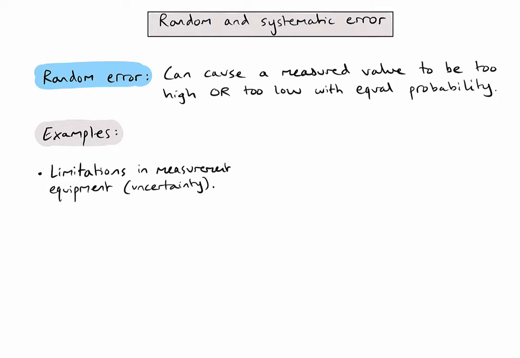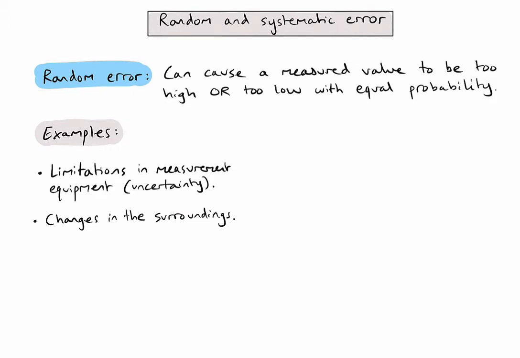A second example of random error might be changes in the surroundings during an experiment. For example, if I was investigating the breakdown of vitamin C in orange juice at 25 degrees, or room temperature, I might expect natural temperature fluctuations in my lab. Maybe there's a window open, or maybe the weather outside is changing.